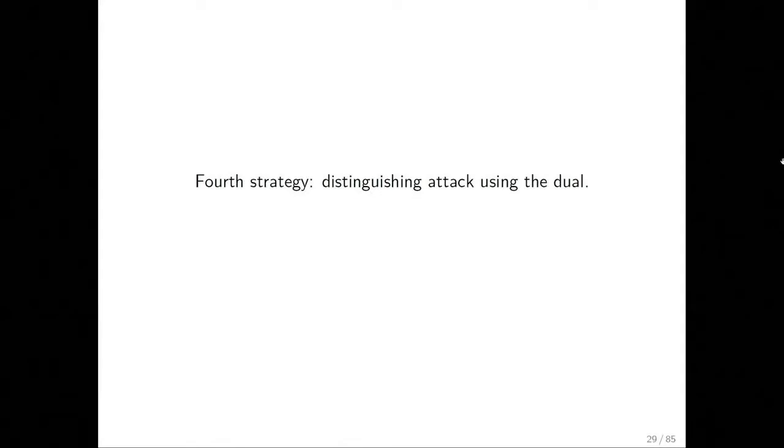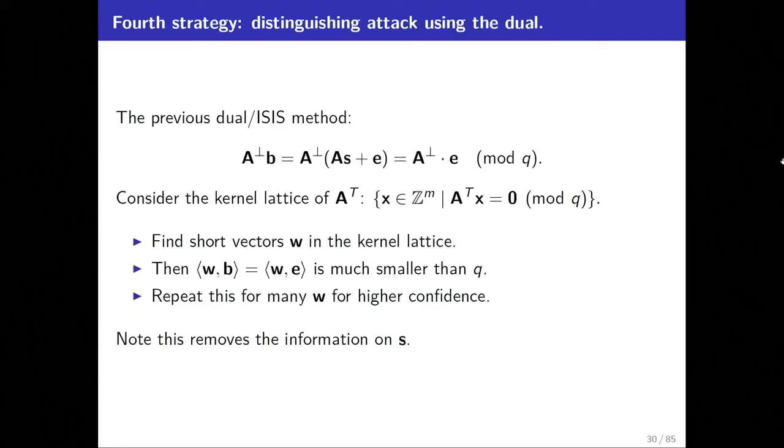And there's a fourth strategy, which is kind of repeating what we mentioned before, using the dual attack. However, this one does leave the information on the secret. The previous dual attack completely cancels the information on S. However, if we do a little bit of modification on this attack, we can still keep some information on S. So instead of finding the exact left kernel of A, we can find an approximate left kernel of A, such that if I multiply them together, instead of getting 0, they give me a short vector.